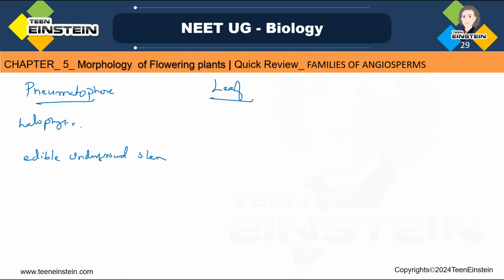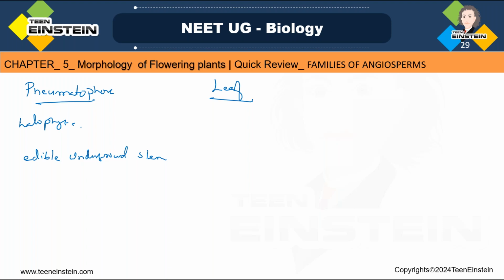Cyathium inflorescence is found in Euphorbia. In Ficus, which one can you see? Hypanthodium, and in Dorstenia, coenanthium inflorescence, and in Morus, which one? Catkin inflorescence. So you should have an idea about plants and the inflorescence type.